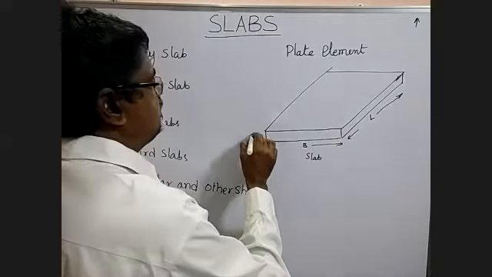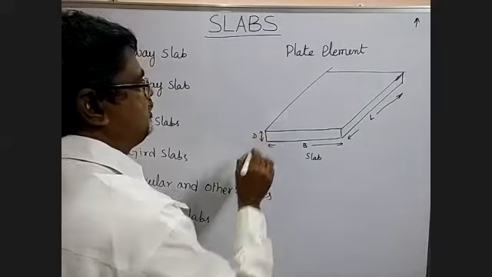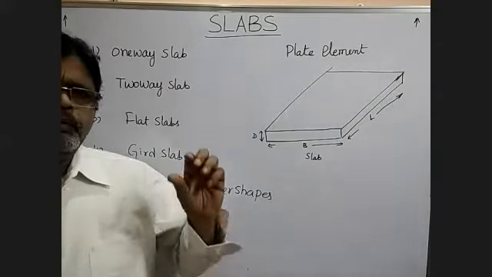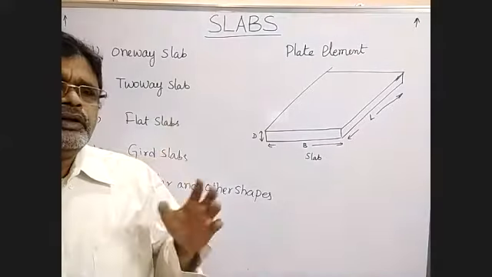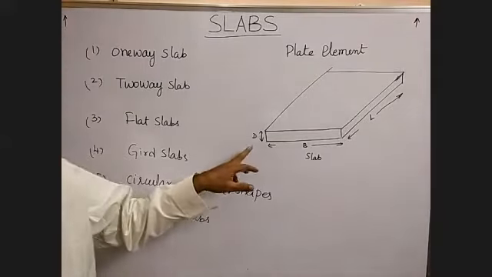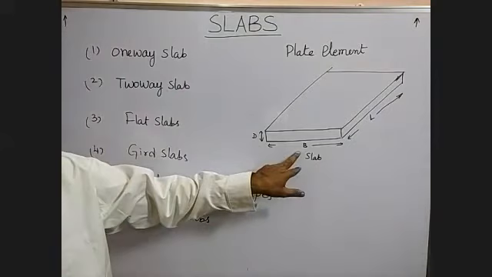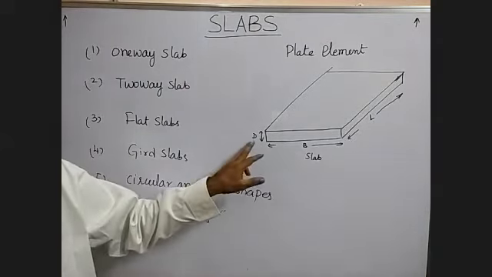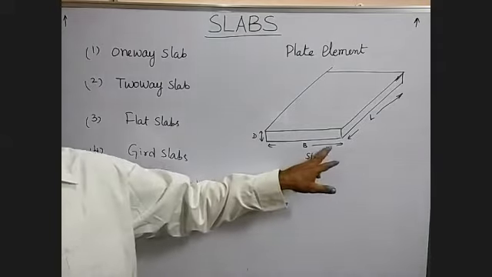See, this is the thickness D. Whereas the beam depth is more than the other dimension. But here the breadth and the length, here the D is smaller than the breadth and length.